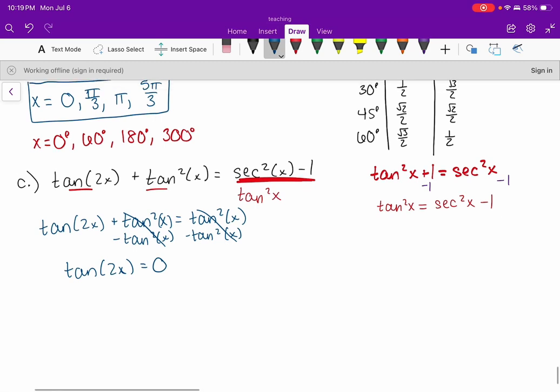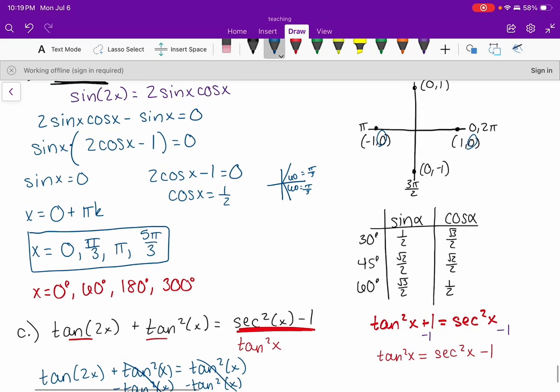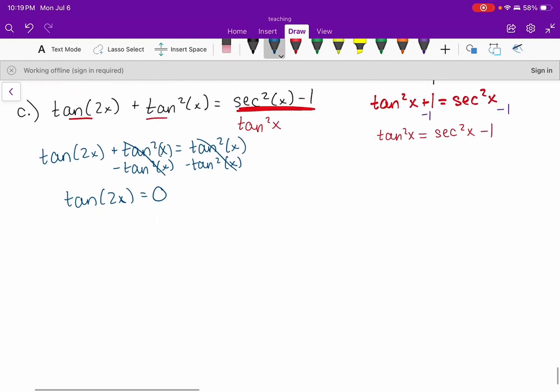And tangent equals 0, the same place as sine equals 0. It's here at 0 and here at pi. So you can replace it if you want, but I'll skip that step only for this one. But it would be 2x equals 0 plus pi k, divide by 2.